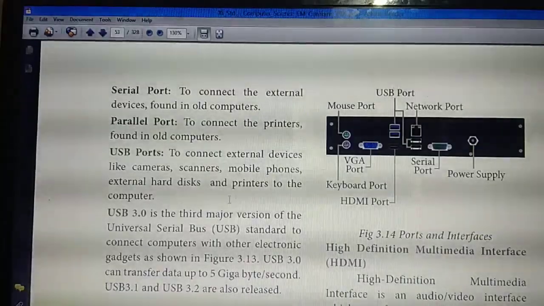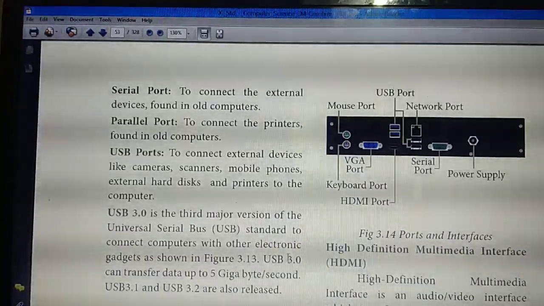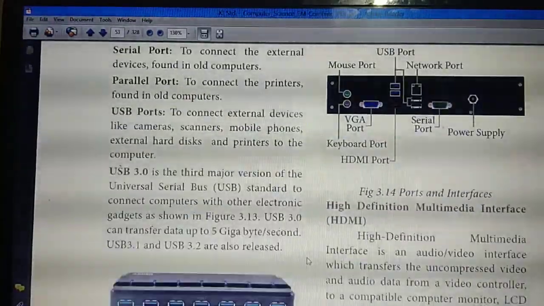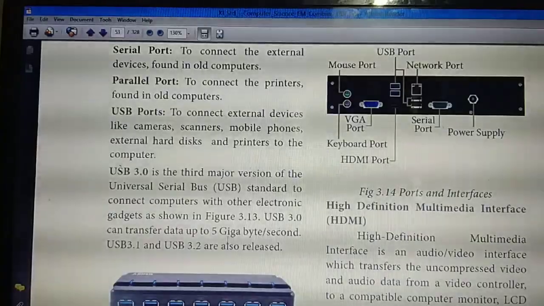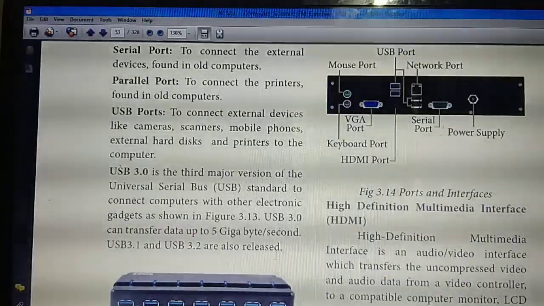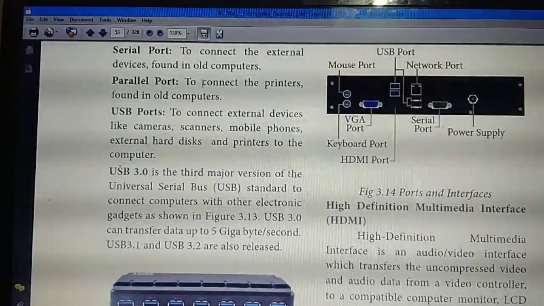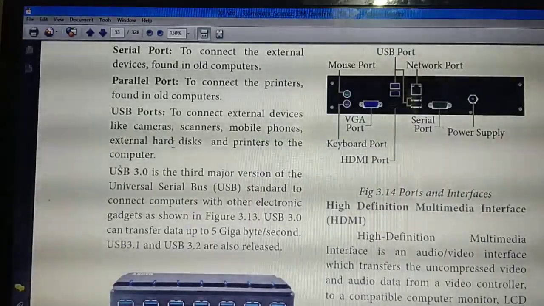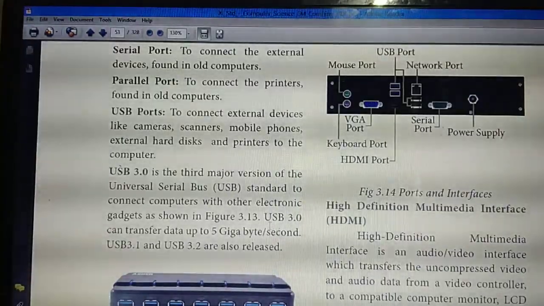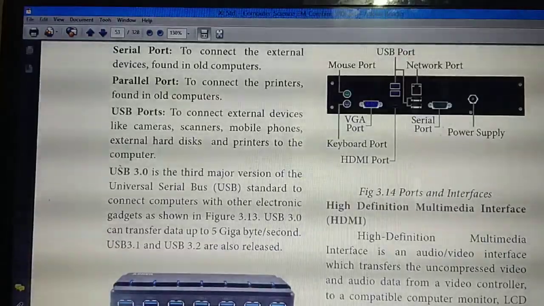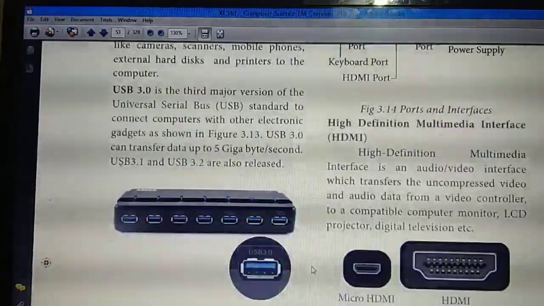USB ports: to connect external devices. These three paragraphs you should write fully. Then put a heading USB 3.0 and mark it: USB 3.0 can transfer data up to 5 GB, and USB 3.2 are also released. These two lines are enough. This is for ports.